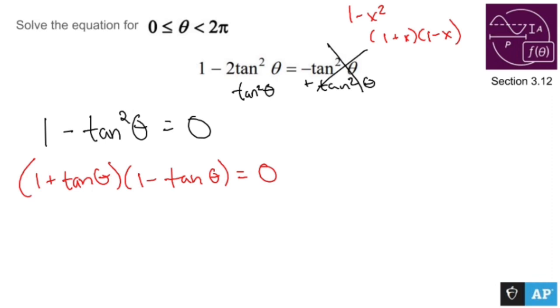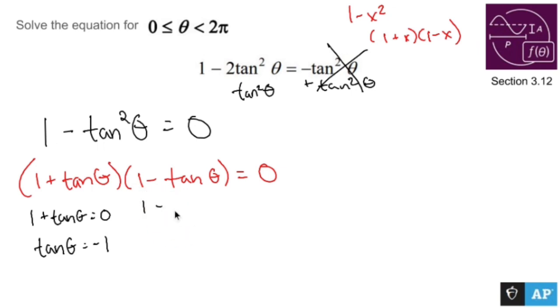So what you do with the 0 product property is you take each factor and set it equal to 0, so 1 plus tan theta equals 0. If I subtract 1 from both sides, I have tan theta equals negative 1. Okay, I'll hold on to that. Let me write out the whole thing first and be consistent.